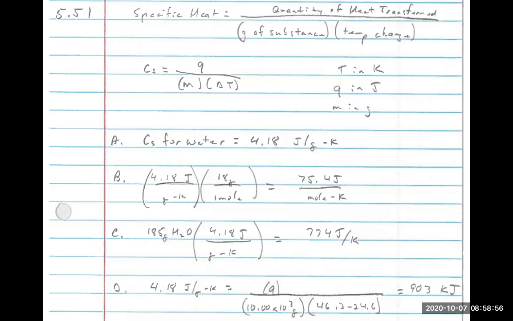Then in C, oh wait, that was the molar heat capacity. C is, what is the heat capacity? 185 grams. And so 185 simply just multiplied by that.